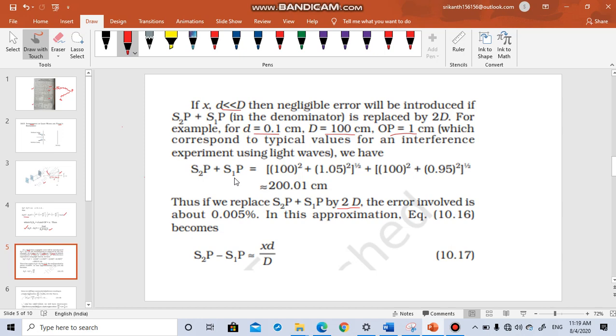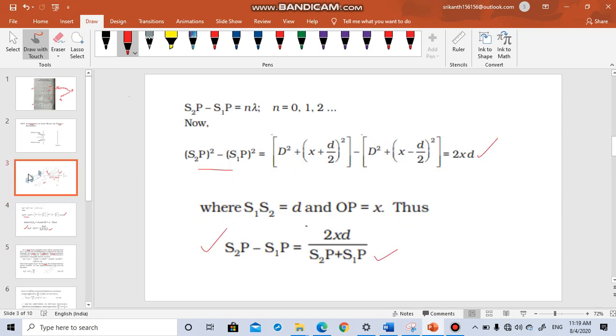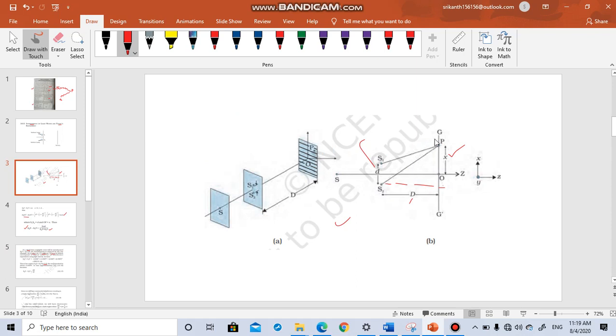What will be S2P? From this diagram, S2P will be root over capital D square plus (x plus d by 2) whole square. This is d by 2, so x plus d by 2 whole square plus capital D whole square.